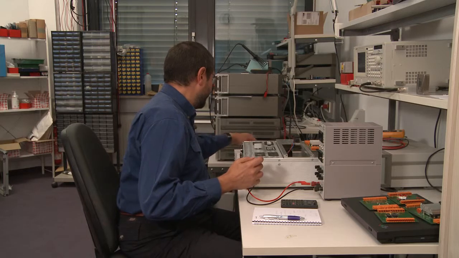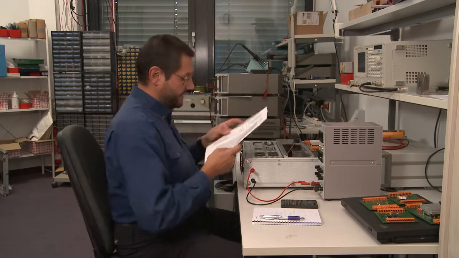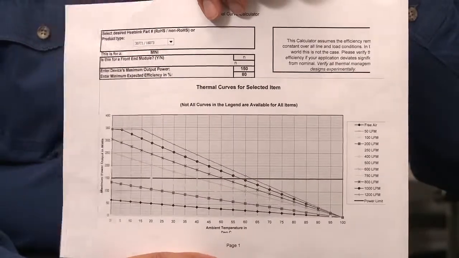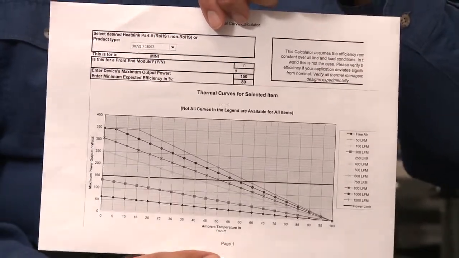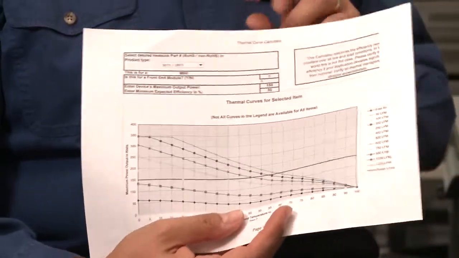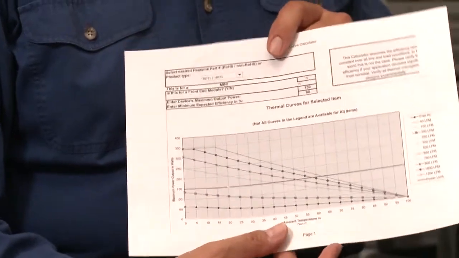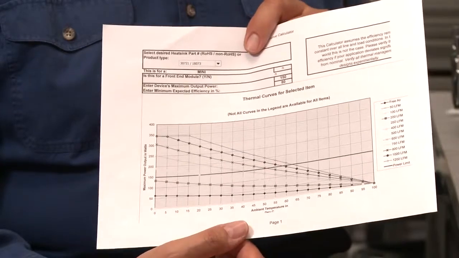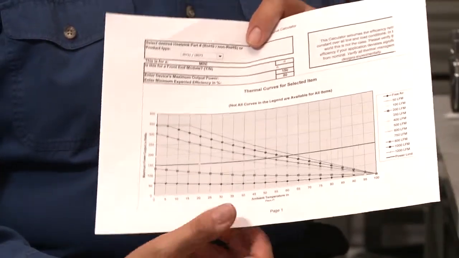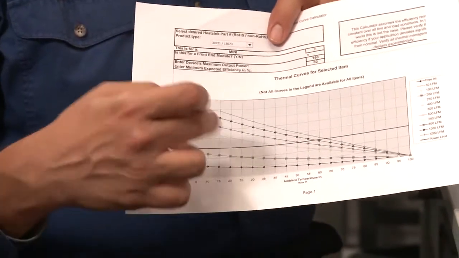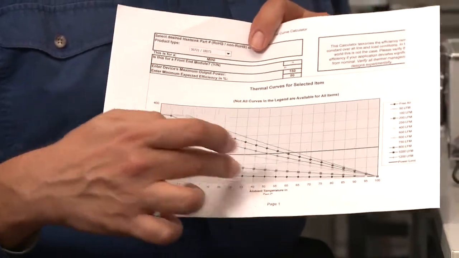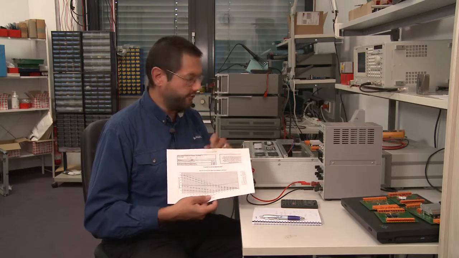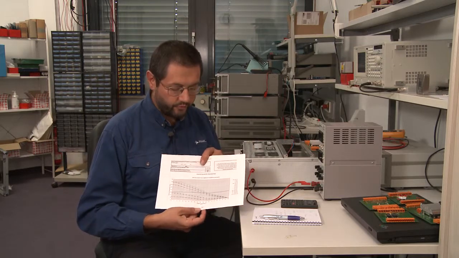Another interesting data can be taken from this family of curves. This is a tool which is available on the internet site from Vicor. In fact, the heatsink we are using is a Vicor part number. And the first curve here tells us, according to the ambient temperature, which would be the maximum output power that we can take out of the module without any forced ventilation, just by natural convection cooling.